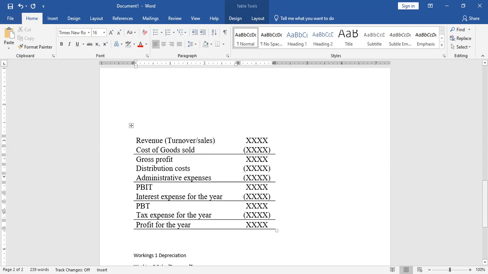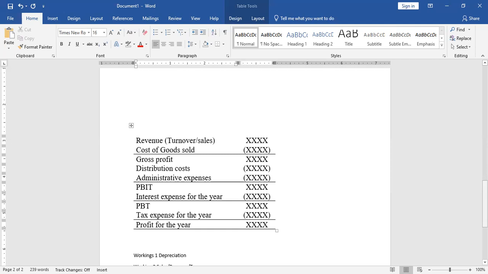And then after revenue, there is cost of goods sold. The cost of goods sold is the cost of the goods that we have sold: how much did the goods which we have sold cost us? And then we have gross profit, which is revenue minus cost of goods sold.